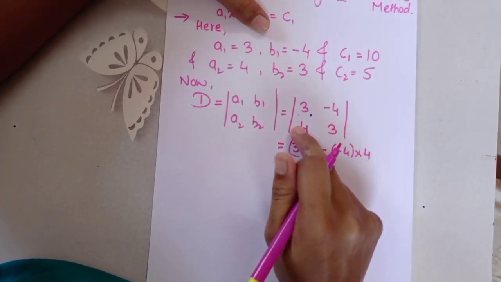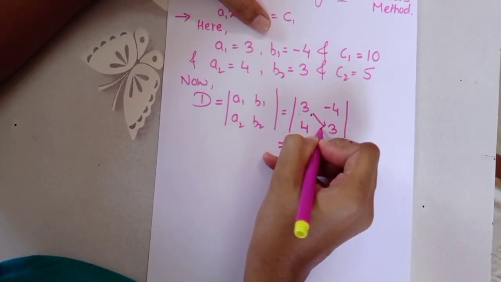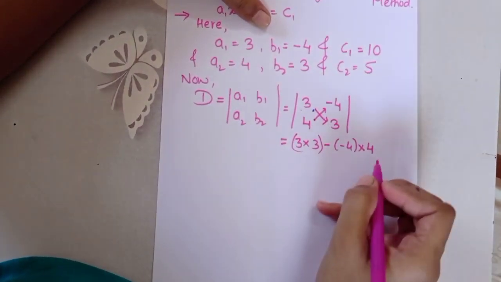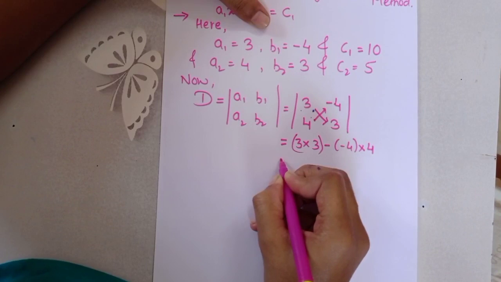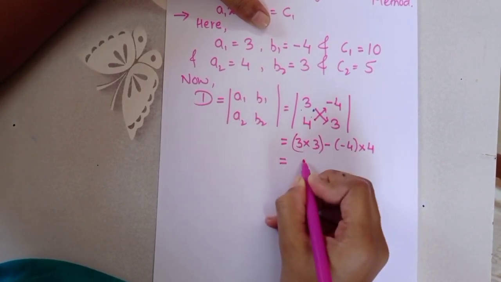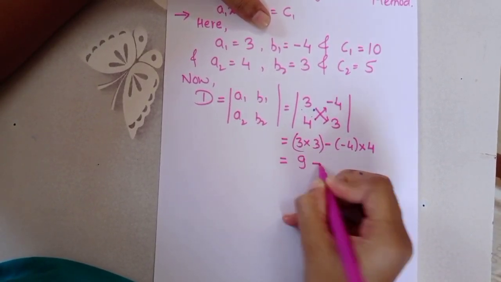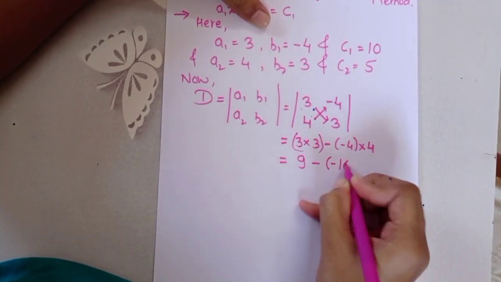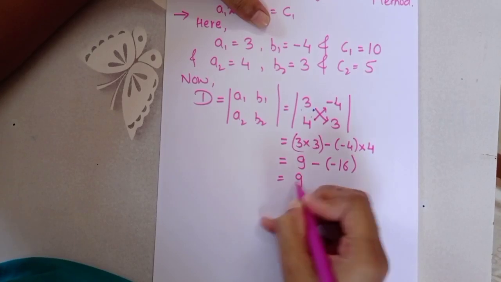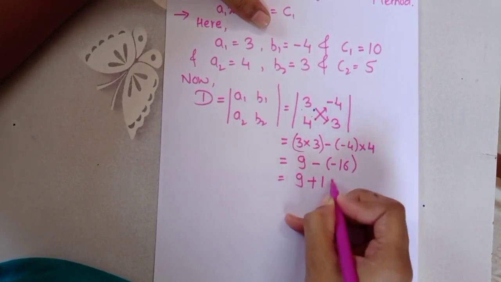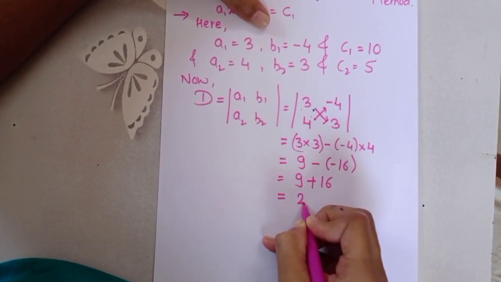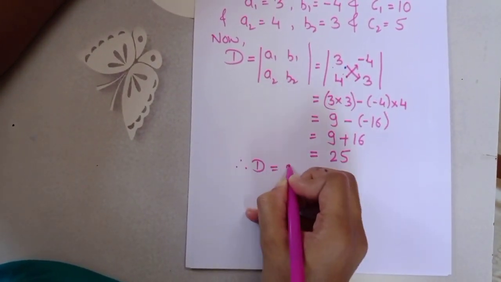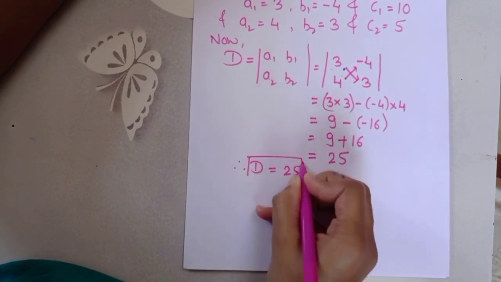First of all, we have to do it in this way, and next we have minus this term multiplying this term, which will be equal to 3 into 3 is 9, minus -4 into 4 is -16, which will be equal to 9 plus 16, equal to 25. Therefore, here the value of D will be equal to 25.